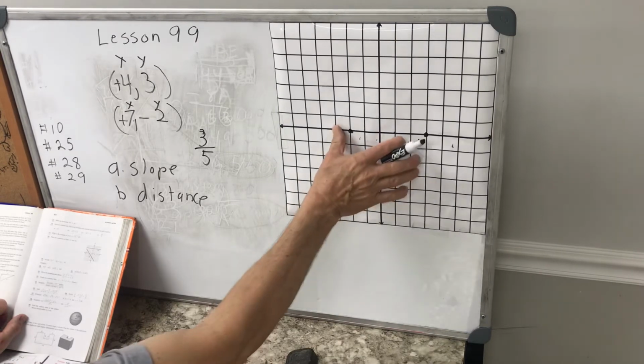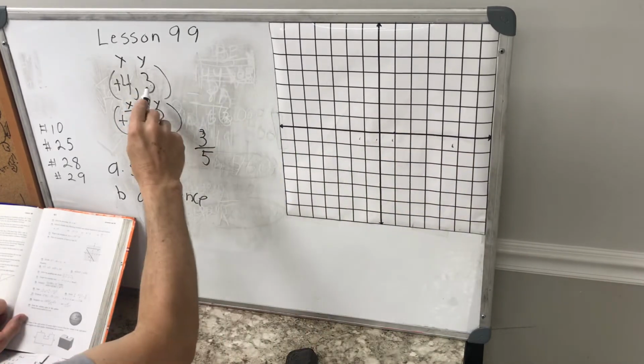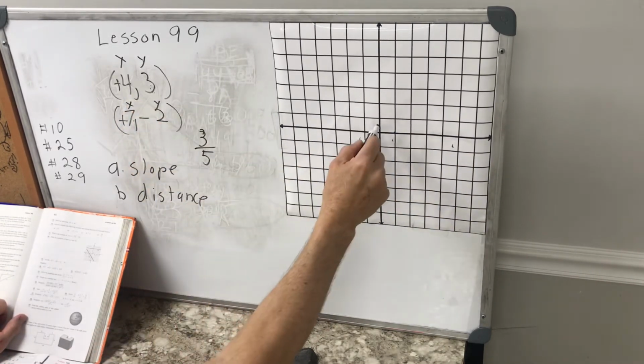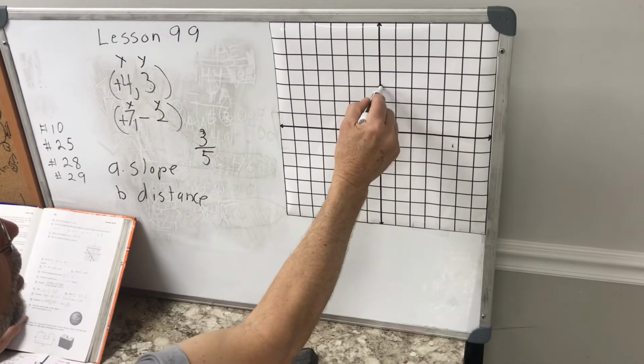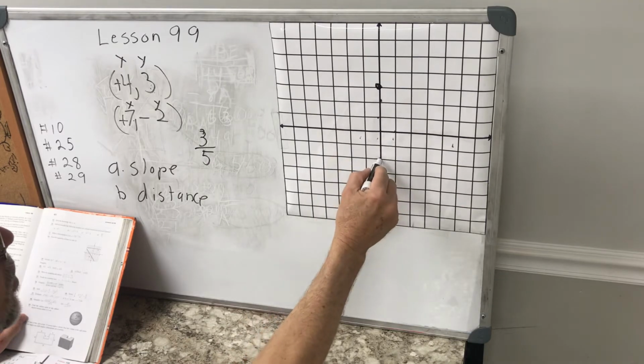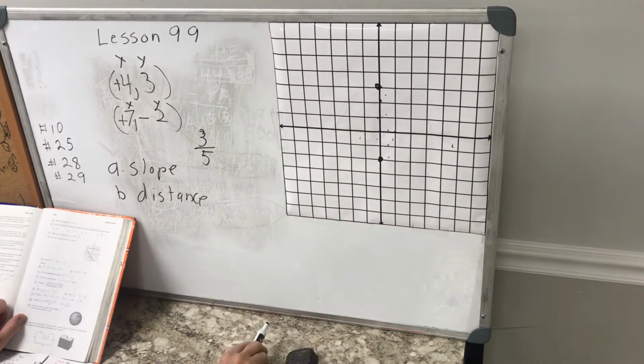I should have done this the other way, I'm sorry. Watch this again. This is on your Y line. I goofed on that one. Here we have a +3, and a -2. The distance here is 1, 2, 3, 4, 5.